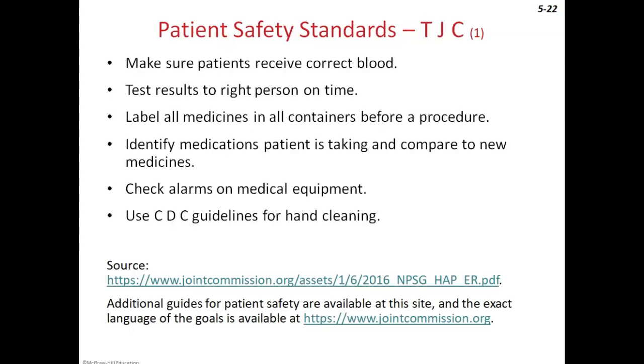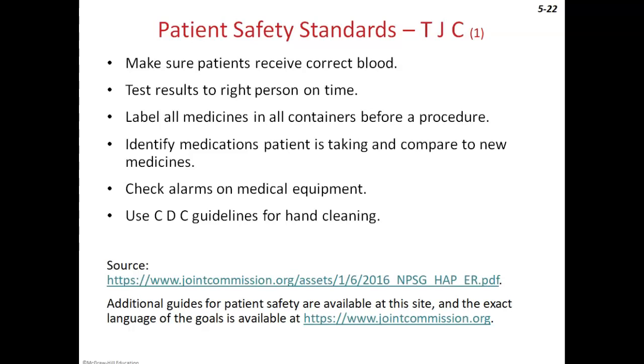Here's a short list of patient safety standards provided by the Joint Commission to help prevent lawsuits. First, make sure patients receiving blood receive the correct blood. Make sure test results are for the right patient and done on time. Label all medications in all containers before a procedure. Identify medications the patient is taking and compare them to new ones to prevent side effects.